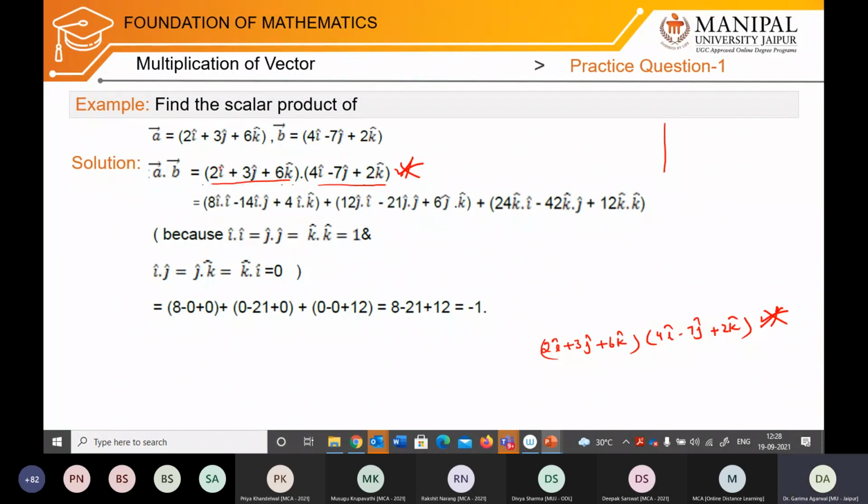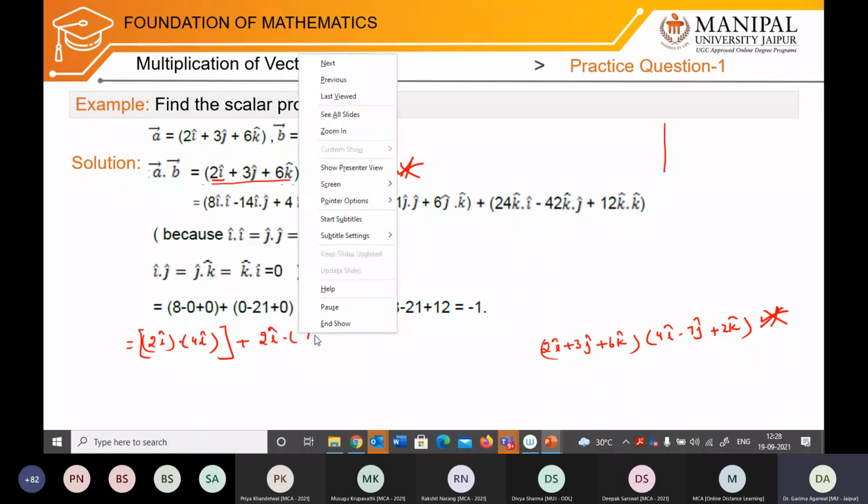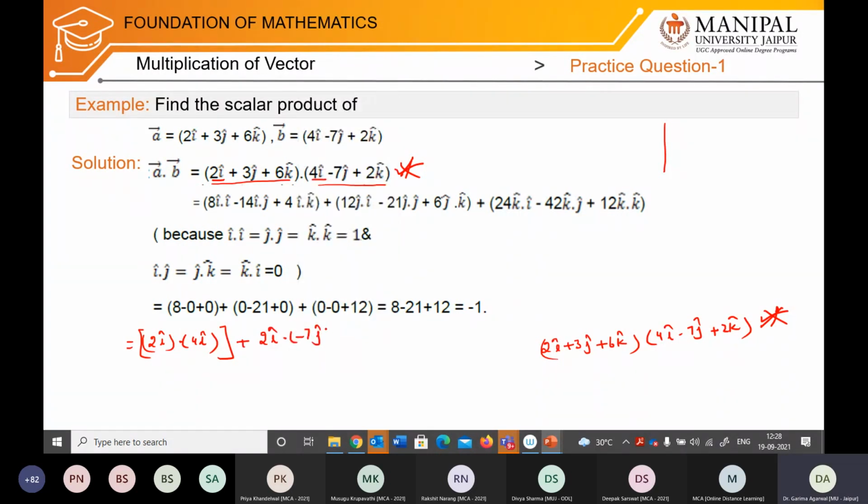Now multiply as usual, like 2 i cap times, but remember we need to put the dot. So 2 i cap dot 4 i cap, right? Then 2 i cap dot minus 7 j cap. Then 2 i cap dot 2 k cap.